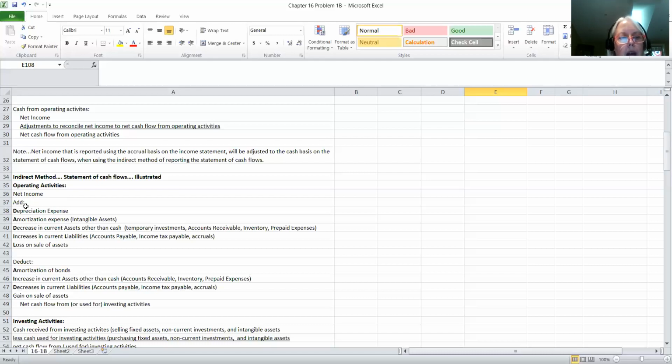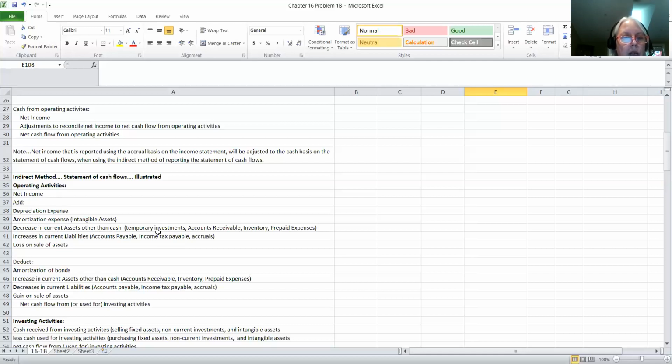The things that you're going to add back are your depreciation expense for the period, and any amortization expense for intangible assets. If you have any intangible assets and there's amortization to record, we're going to add these back to the net income. We're also going to add decreases in our current assets, meaning current assets other than cash, which could consist of temporary investments or short-term investments if you have any.